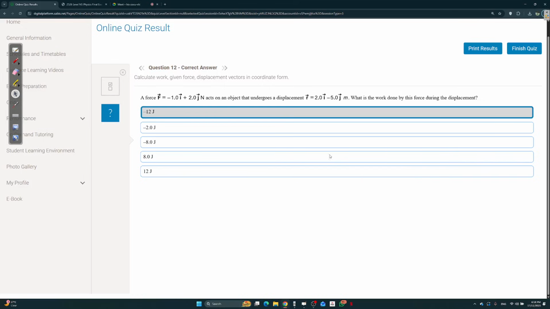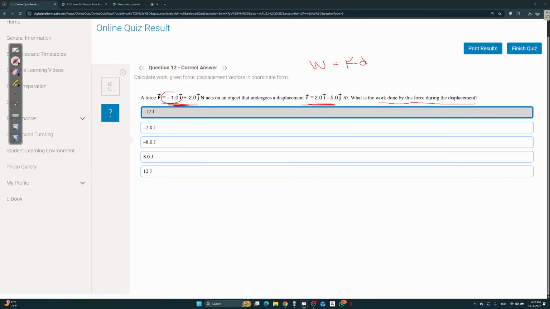Alright, this looks intimidating, but it's actually very easy. So they gave you the force, but in vector form, and they gave you the distance or displacement, also in vector form. What is the work done by this force? Simply we know that work is equal to force times distance times cosine theta. So when you have vectors, it's simply the dot product between the force and the displacement. How do you calculate dot product?